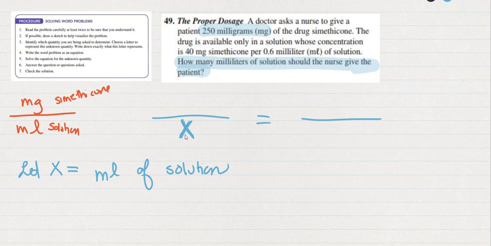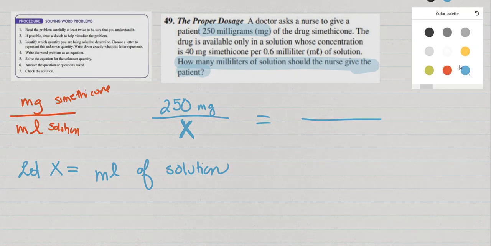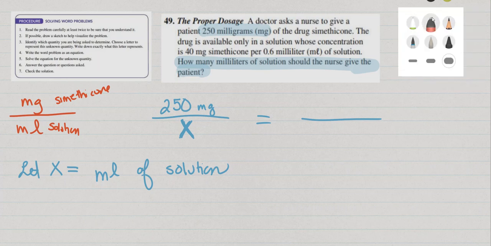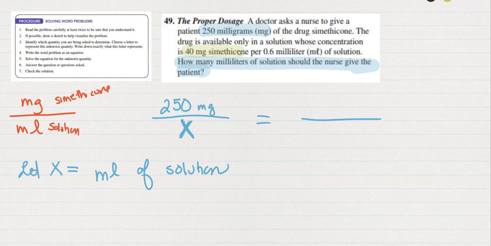And we want to know how many milliliters of the solution when there are 250 milligrams of this drug. And we can compare this to this concentration of 40 milligrams per 6 milliliters.